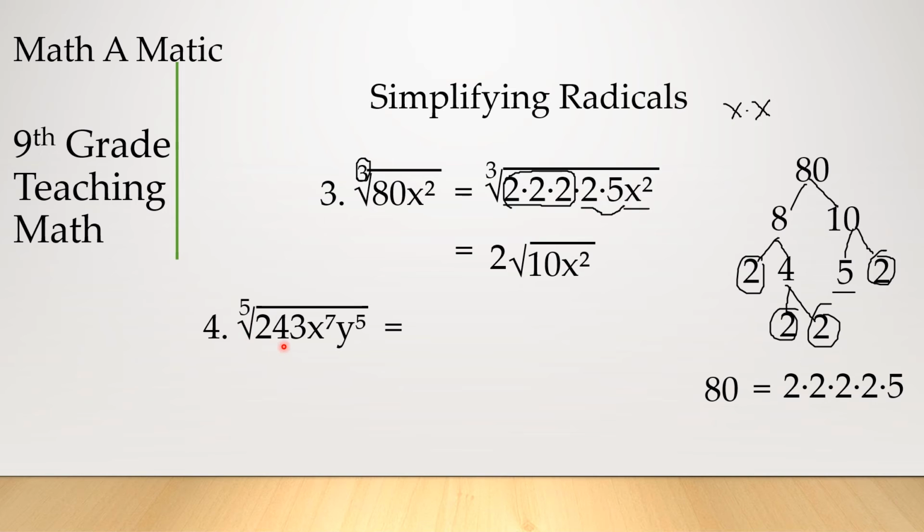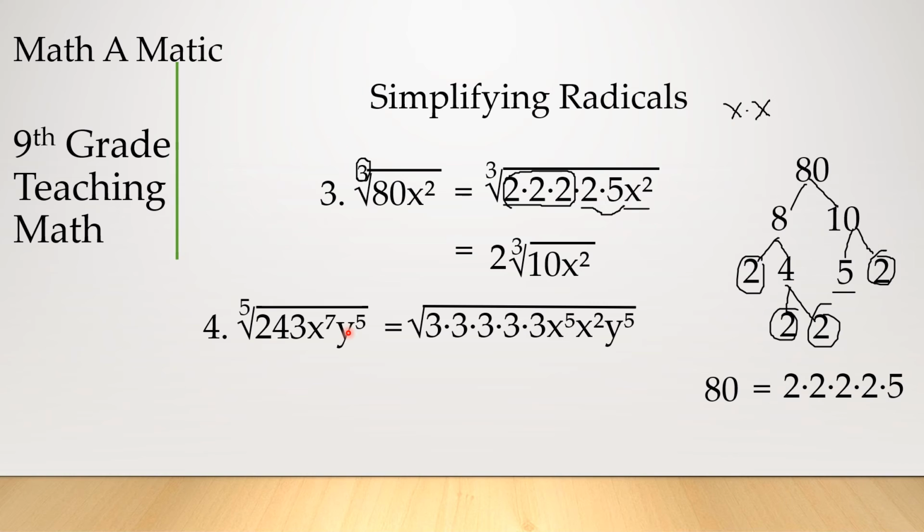So now, let's have number 4 here. The fifth root of 243 x to the 7th power y to the 5th power. So now we have 3 times 3 times 3 times 3 times 3 if you're going to use prime factorization. And then x to the 5th power times x to the 2nd power. Why?